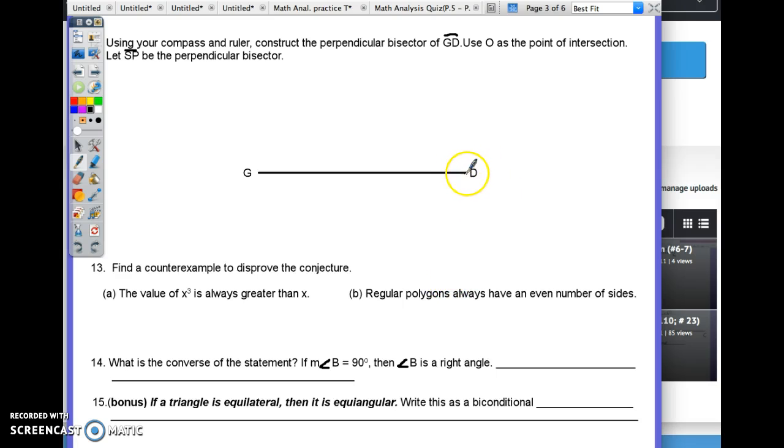What you do is, and I don't have the instrument to show you here, but you use one endpoint as your center. You open up your instrument to more than half of the length of the segment, and you make an arc. Something like that.